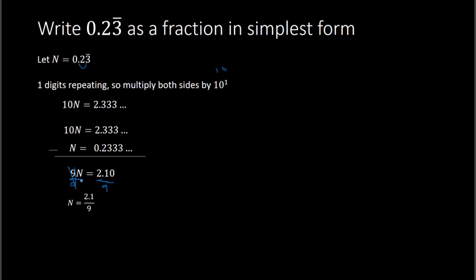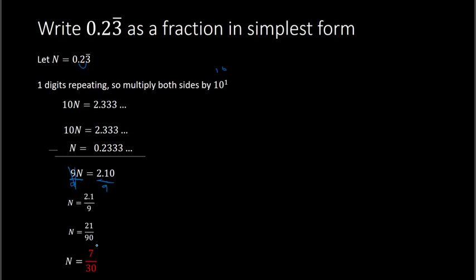So instead of 2.1 over 9, I can multiply the top and the bottom by 10 to move that decimal over. So that becomes 21 over 90. And then from here, I can reduce. I can divide the top and the bottom by 3. That's going to give me 7 over 30. So that decimal, 0.23 repeating, can be written as a fraction, and that fraction would be 7 over 30.